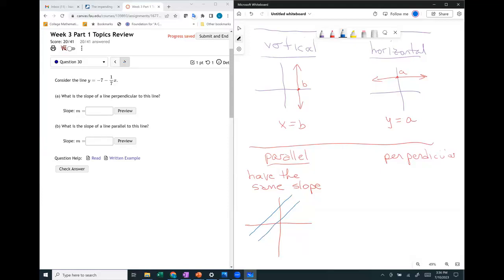They go the same direction. So there's always going to be equal space between them. They have to have the same slope. The only thing that'll be different is they would have different y-intercepts.